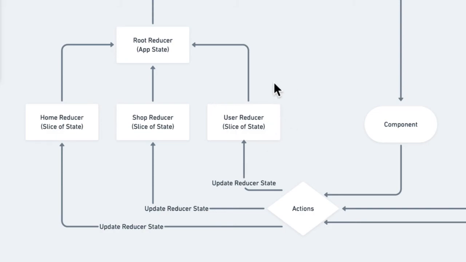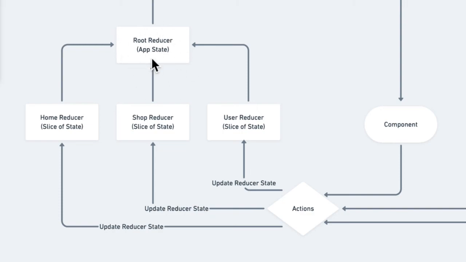So, for example, any state regarding users, like our current user that we're currently storing on our app, would be in a user reducer, which is just a piece of the state or a slice of the state. Anything related to our shop items that we need to display would be in a shop reducer. And anything related to our home, say our directory items, would be in a home reducer. And they all combine together into one big state object called the root reducer.